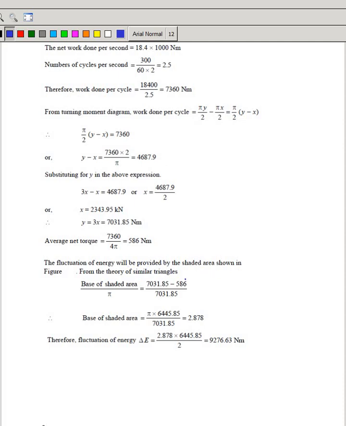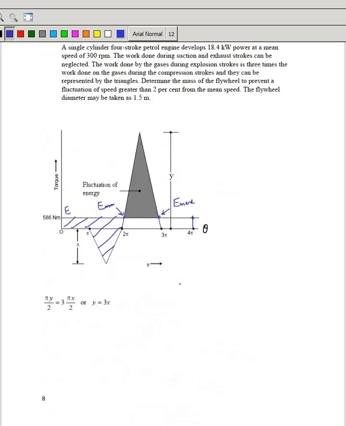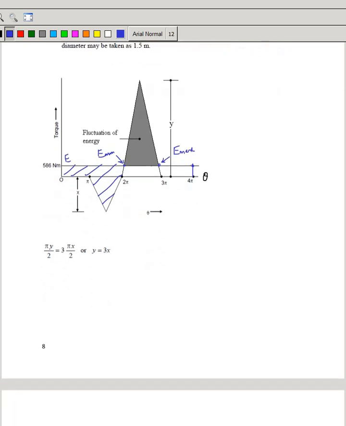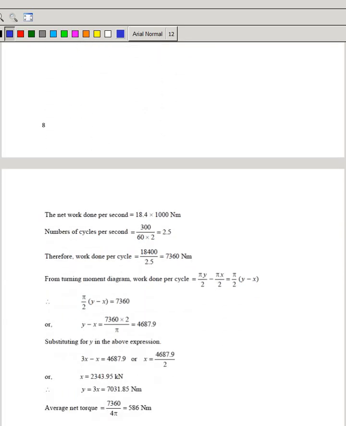From the theory of similar triangles, base of the shaded area divided by pi is equal to the height of the shaded triangle divided by y.